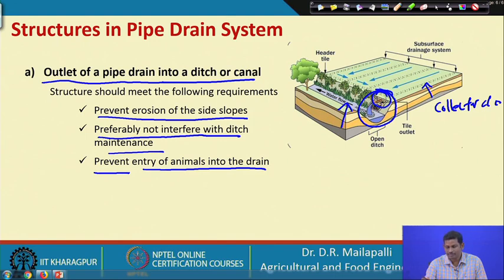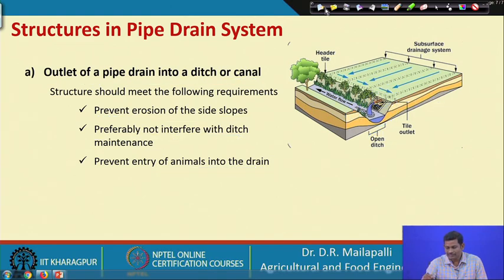If it is a composite, that means all the field drains, or collectors, are connected to a common collector. Then from there, this will be connected to the outlet. So, that is a composite.